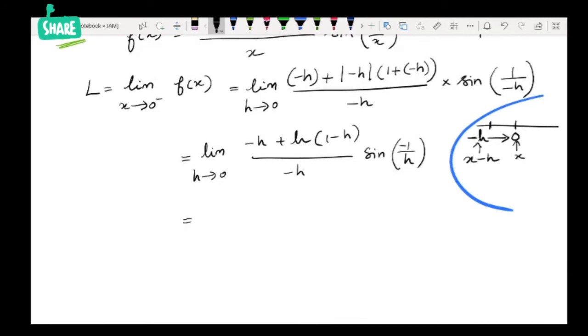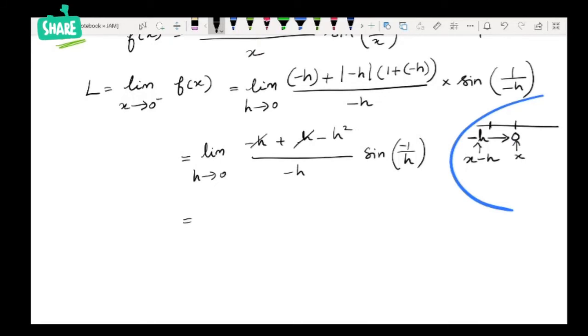So the term h into 1 minus h will become h minus h square, and the minus h and h will get cancelled.